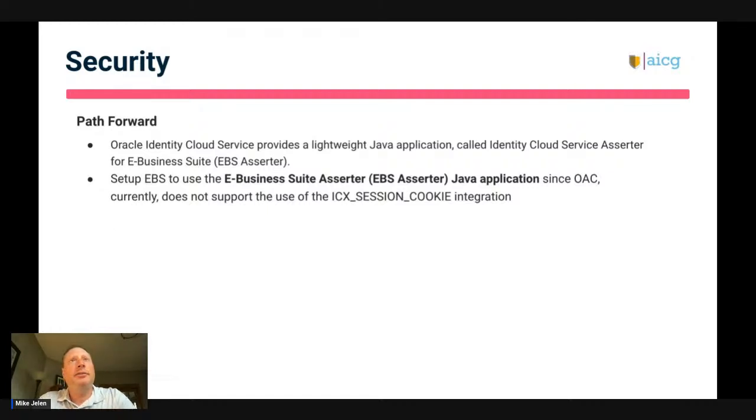All right, I mentioned before that the EBS Asserter has this lightweight Java application. It also runs with WebLogic. And we can't use that session cookie that we had talked about before. The reason we can't use it, when you think of cookies, well, the cookie apocalypse, where from a general web technology perspective, the world has gone away from leveraging cookies.